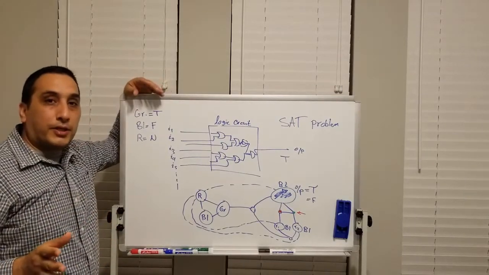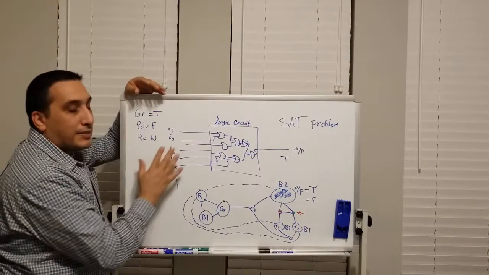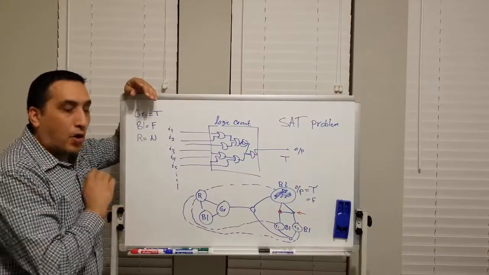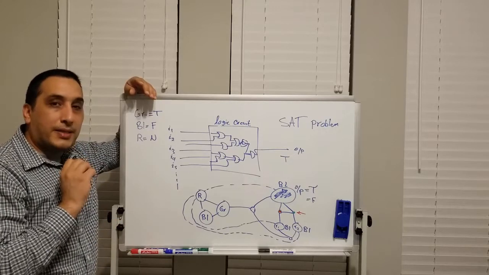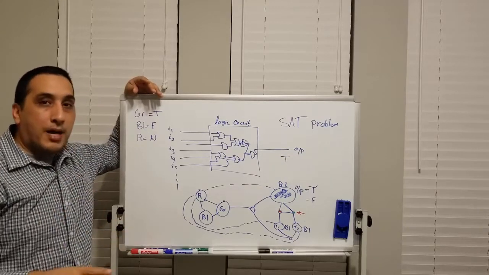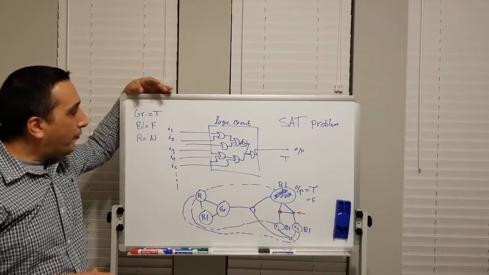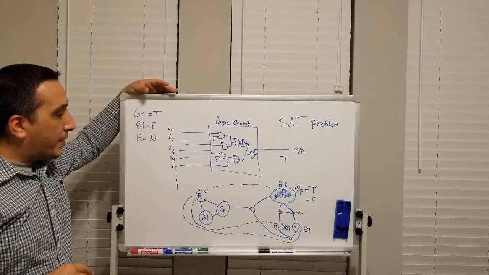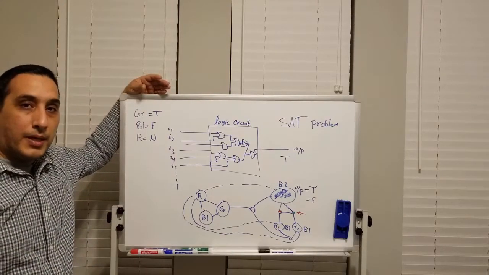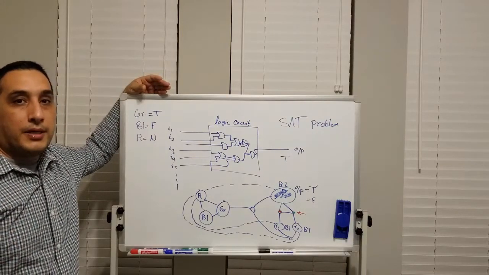Which is a contradiction, as I mentioned before, because the satisfiability problem has already been proven to be NP-complete and it cannot be solved in polynomial time. Therefore, the three-coloring problem is NP-complete.